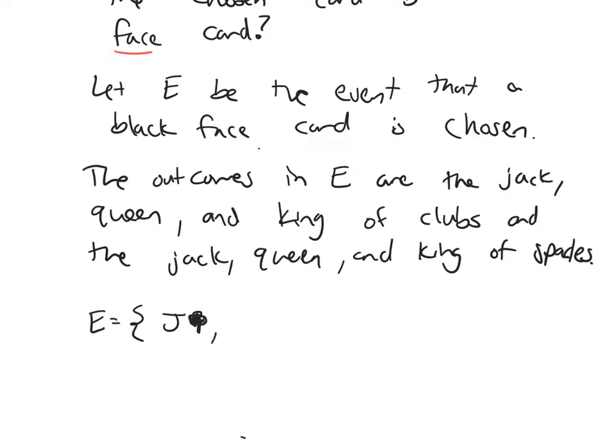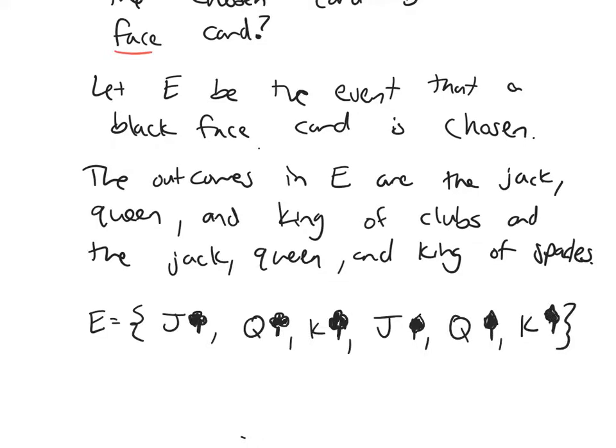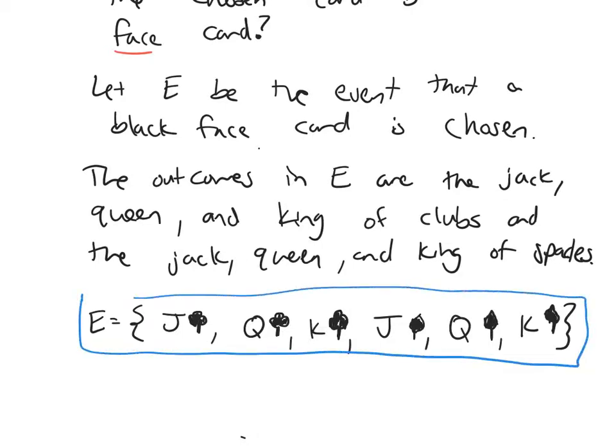A jack of clubs, a queen of clubs, a king of clubs, and then a jack of spades, a queen of spades, and a king of spades. So those are all the outcomes in the event E, so this would be what E is.